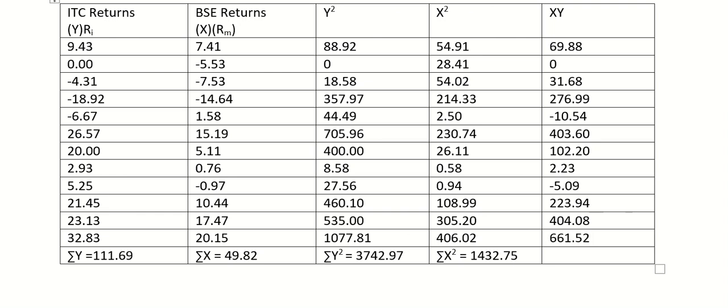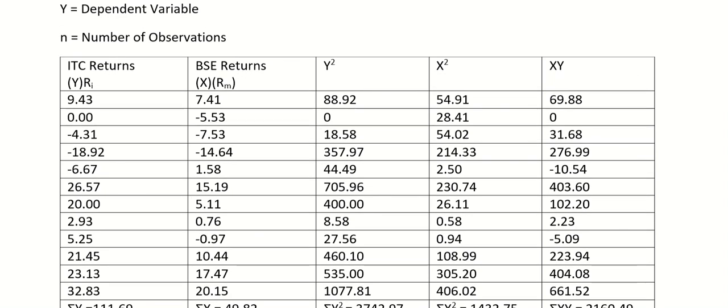So these are all the values we get by multiplying x and y, independent series and dependent series. And the summation of x and y is 2160.49. So we have obtained all the values, okay?